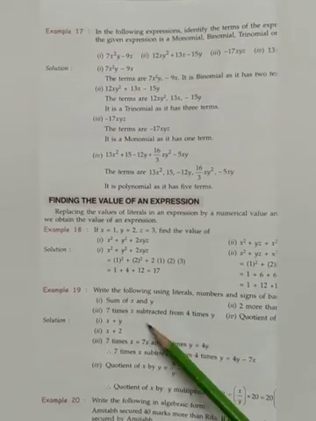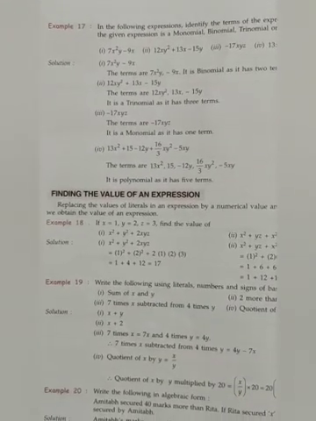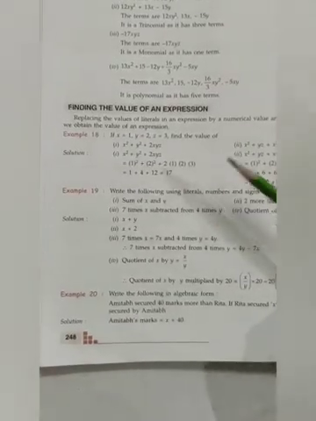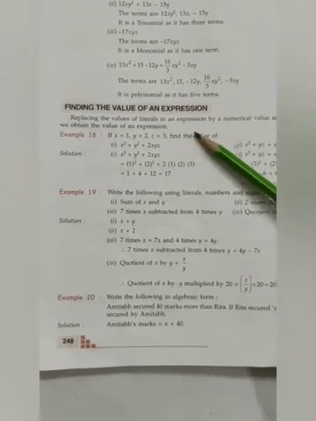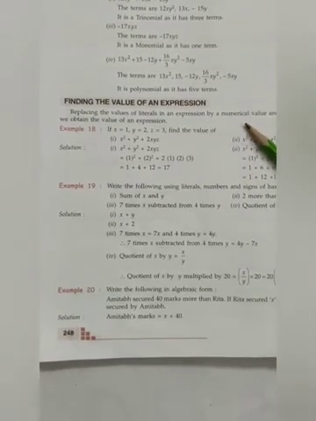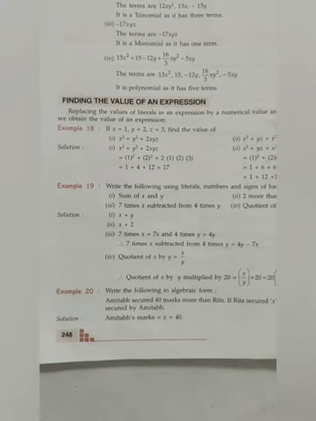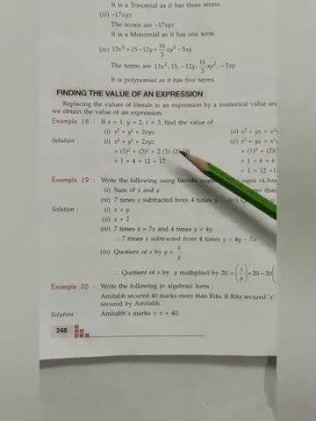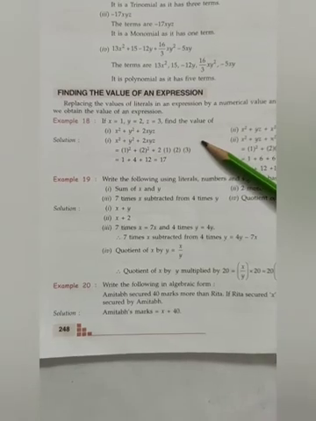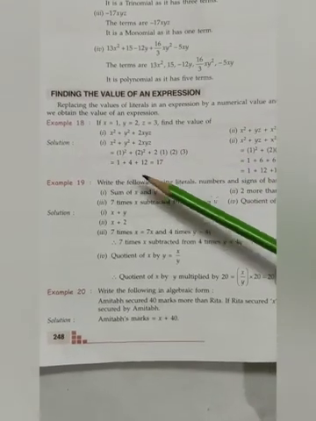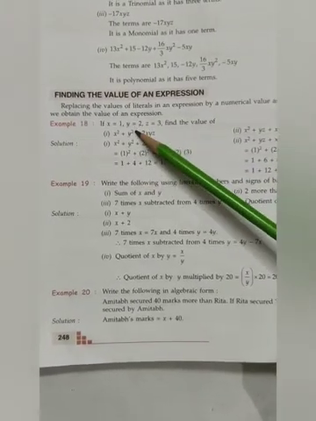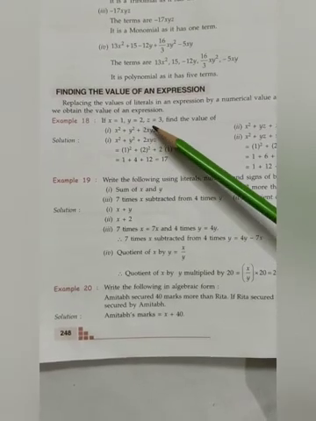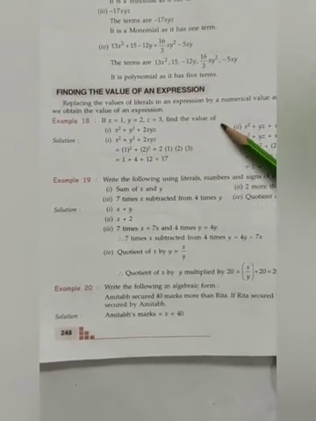Then finding the value of an expression. Replacing the values of literals in an expression by a numerical value and evaluating the expression, we obtain the value of the expression. Example 18. If x equal to 1, y equal to 2 and z equal to 3, find the value of the expression.